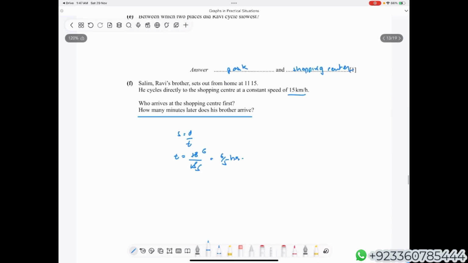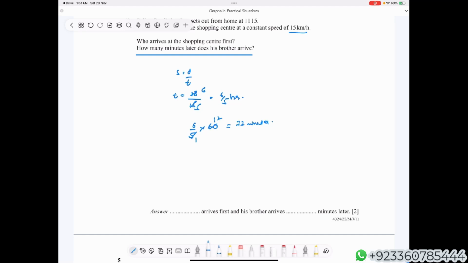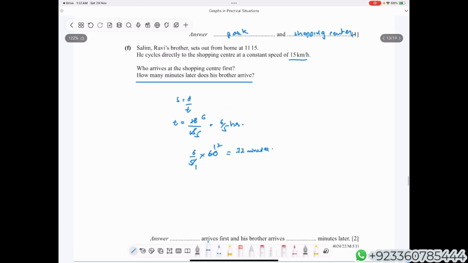Because the speed is in kilometers per hour and the distance is in kilometers, the time is in hours. So when I convert 6 by 5 into minutes, it's going to be 6 by 5 times 60. 5 ones are 5, 5 twelves are 60, 12 sixes are 72. So it takes him 72 minutes to reach.